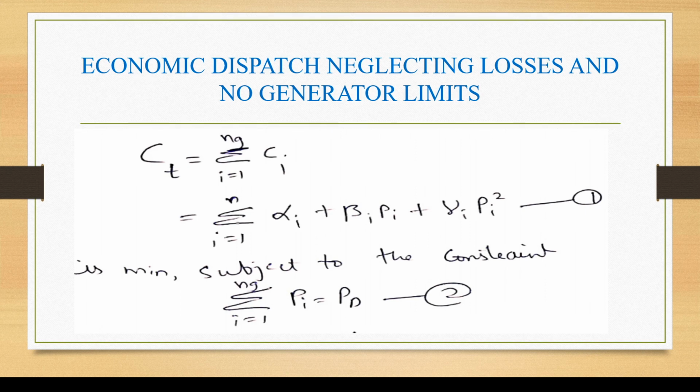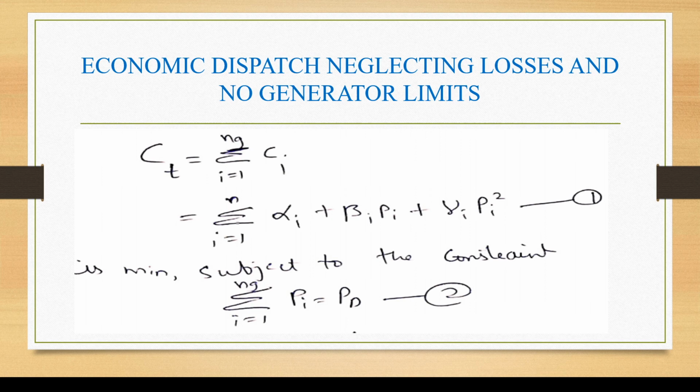Already we have seen this equation in the previous classes. This should be minimum subject to the constraint summation i equal to 1 to NG Pi equal to PD. So we have to make the cost, that is CT equal to summation i equal to 1 to NG Ci, minimum subject to the constraint summation Pi equal to PD.